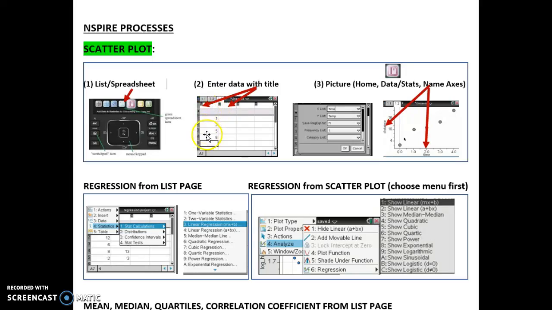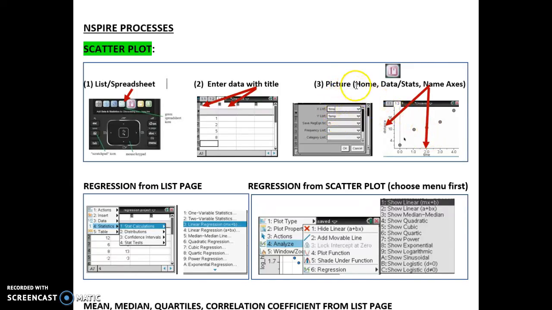Now, sometimes there's only one variable, sometimes there's two, but in this particular case, it's just showing an example. No matter which one, if it's a 1 or 2 variable set of data, you have to title it. Remember to title it.